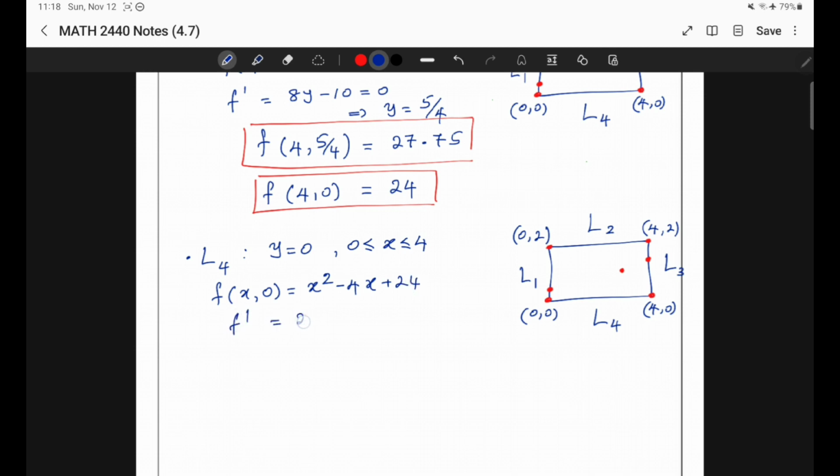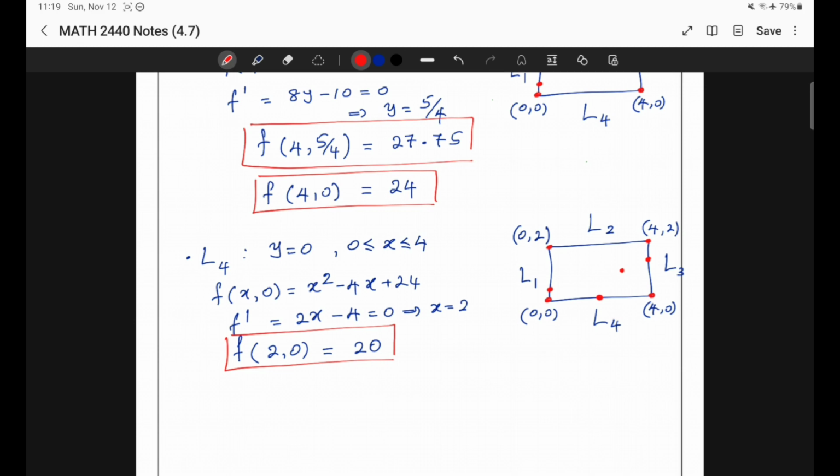To find the critical points, you find the derivative, make it equal to 0, get x equals 2. So the critical point is (2, 0). In the picture it is here, middle. The function value at (2, 0) is, you plug it and you get 20. Now we are done with all the critical points and special points on the boundary.